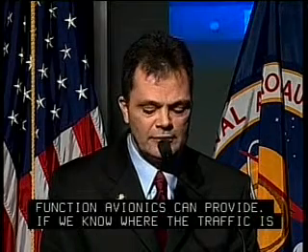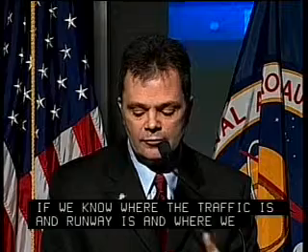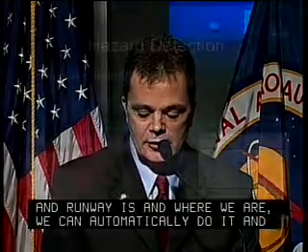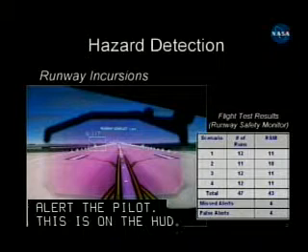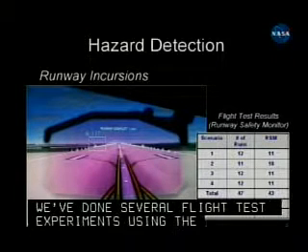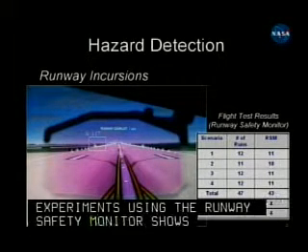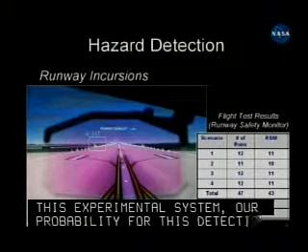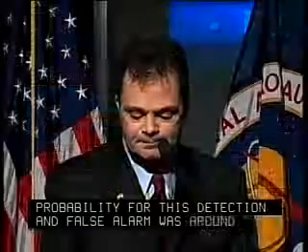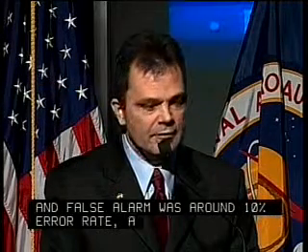This is an example presentation on a HUD, and we've done several flight test experiments using something we call the runway safety monitor that shows that even for this experimental system, our probability of misdetection and false alarm was down around the 10% error rate, which is a nominal acceptance rate to the pilots. And so with that, next chart.